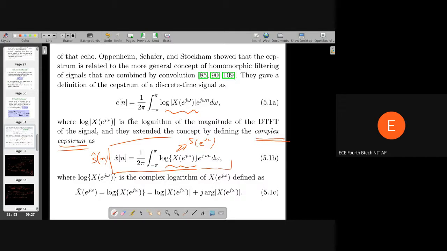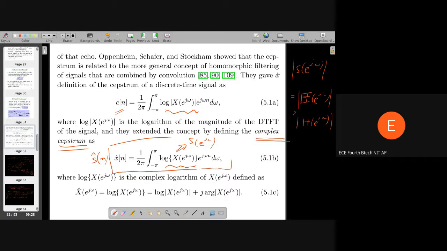This is called the Cepstrum. In this Cepstrum we take only the magnitude, which means S e to the power j omega. We know S e to the power j omega is E e to the power j omega multiplied with H e to the power j omega.